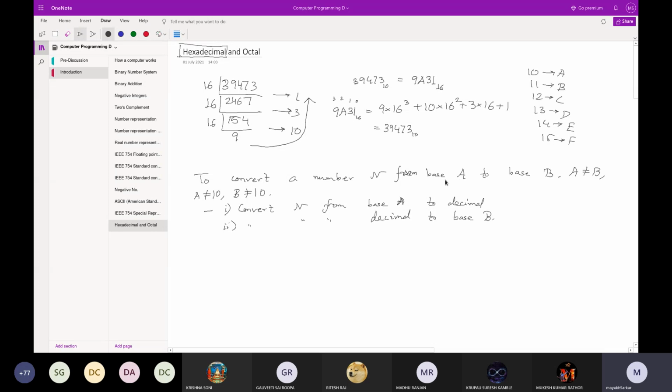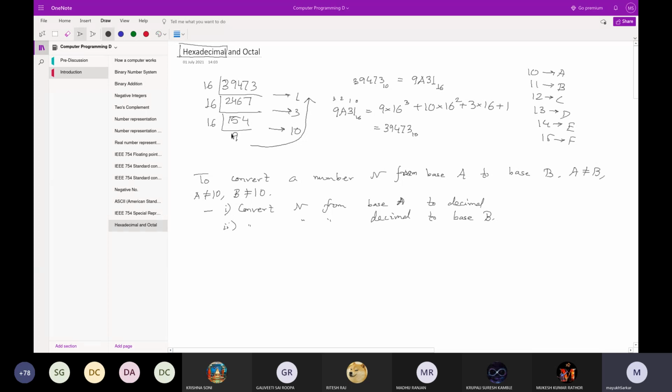Maybe you could convert from base A to base B directly, but only if you know how to divide in base A or how to multiply in base B. For example, here we are converting from base 10 to base 16 because we know how to divide in base 10.